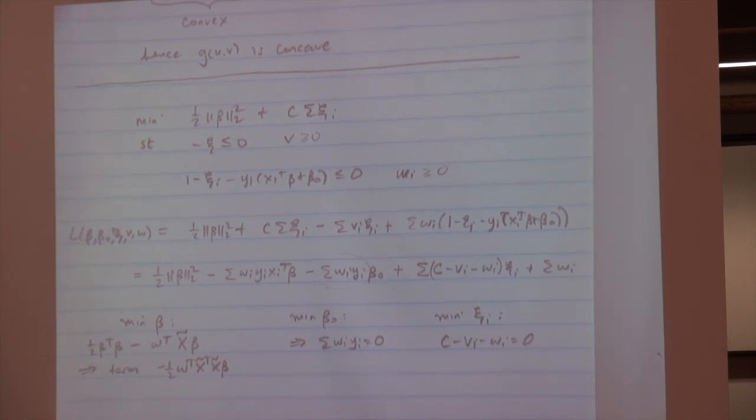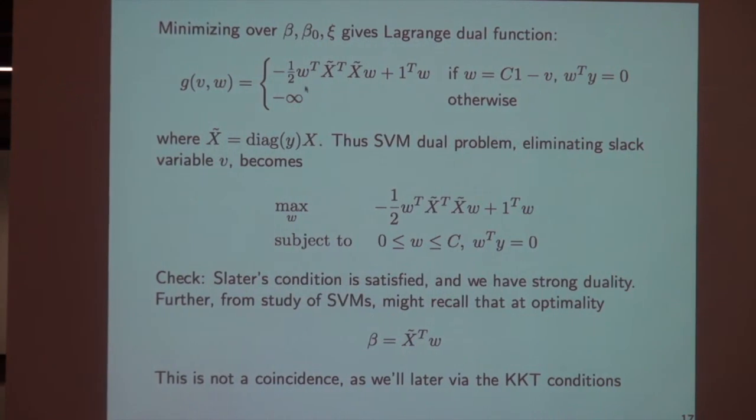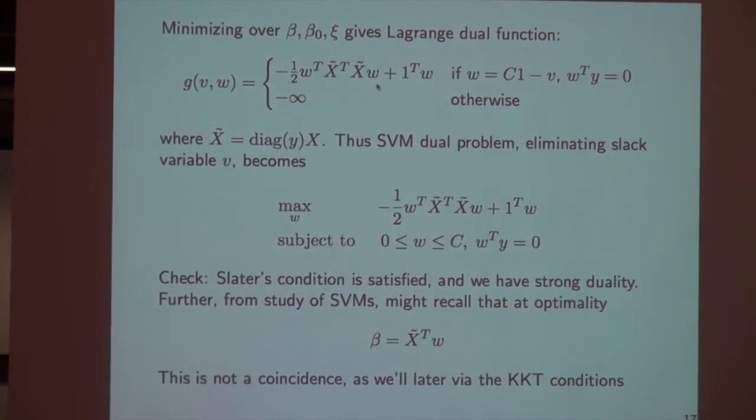All right, so now we've formed the dual. I've just written it differently on the slides in matrix vector notation, right? That's the contribution from minimizing beta. The 1 transpose W, which is the sum of W's, is left over. When I minimize over beta naught and psi i, both these terms are 0, subject to the constraints that I've written down here.